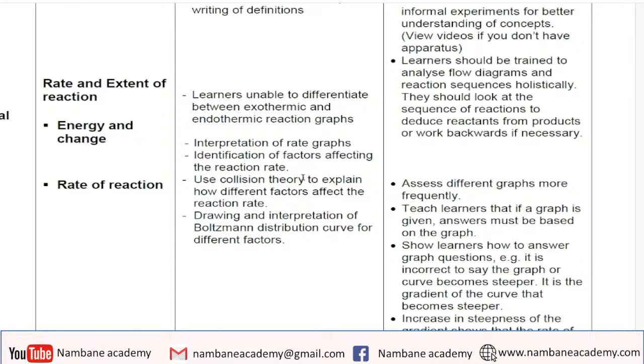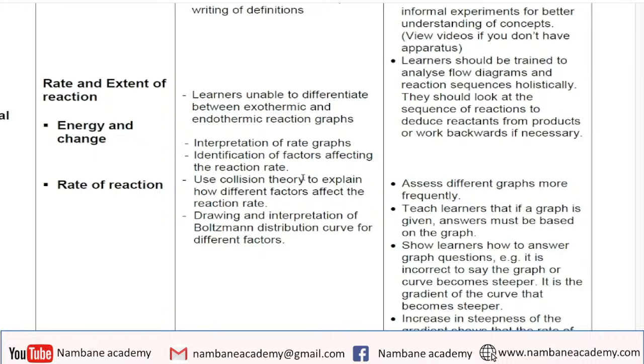And more particles with correct orientation or more particles with sufficient kinetic energy will lead to the last point, which is what? More effective collisions per unit time. So whenever learners are asked to explain using collision theory, the last point there must be more effective collisions per unit time, if that factor has been increased.